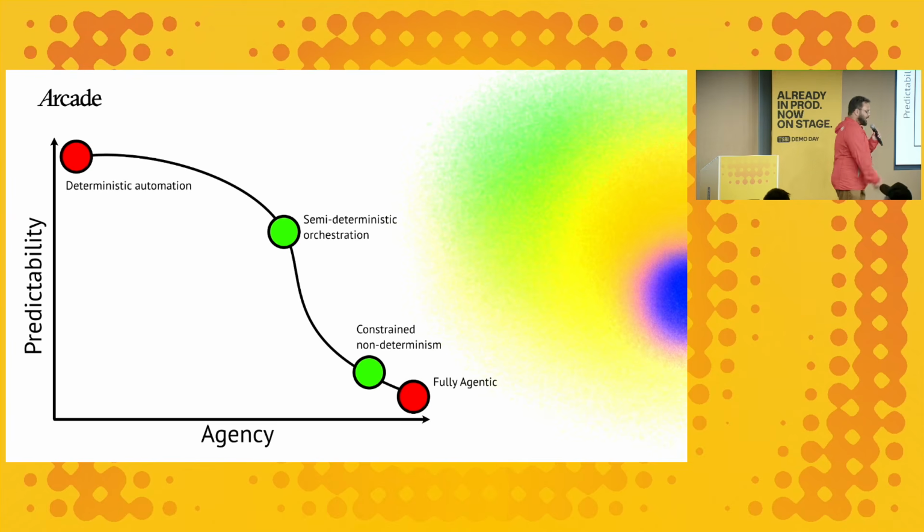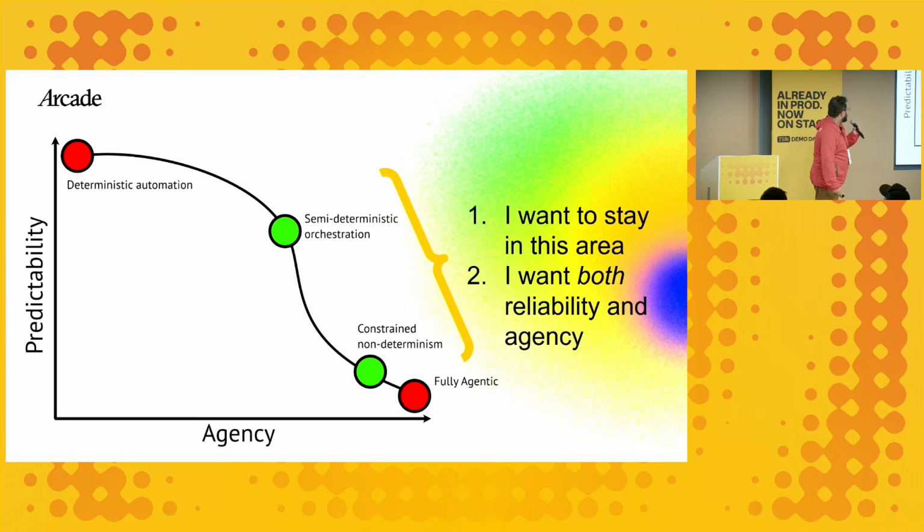And then the other thing, I call it constrained non-determinism, which is more akin to a full agentic workflow, but constrained not to be dangerous, right? Not to exfiltrate data, and basically prevent the agent from harming the user. So I want to stay in this area, and I want an agentic system that has both reliability and agency.